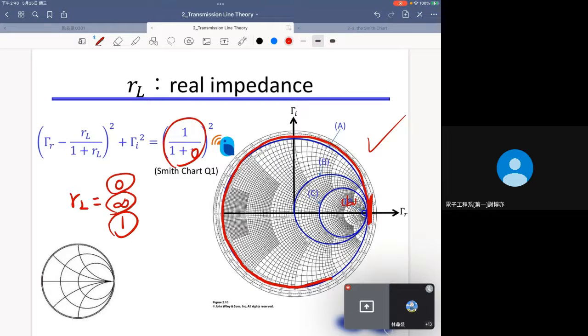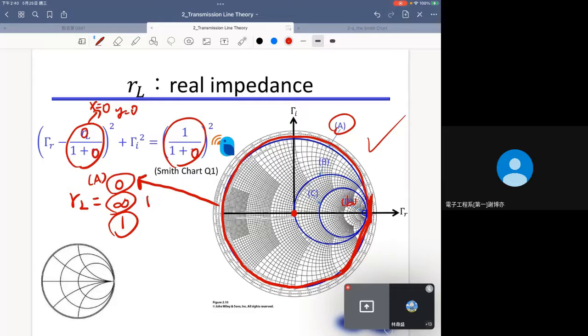The red circle means RL equals 0, so the center is at x equal to 0, y equals to 0. The red one, A, means it is a short circle.